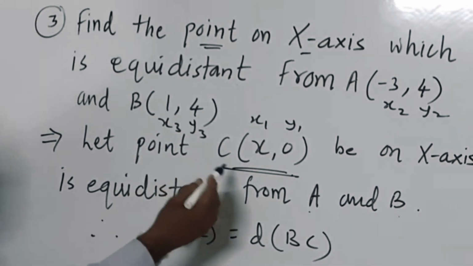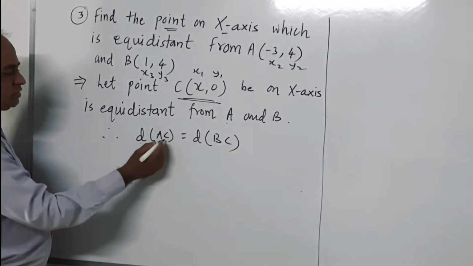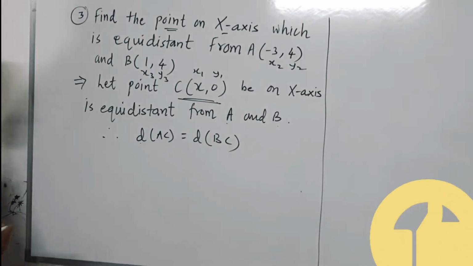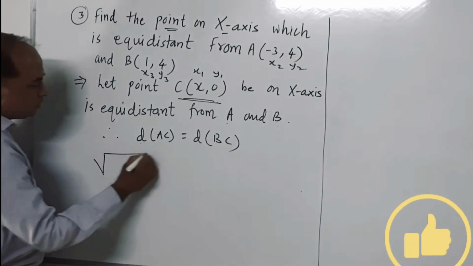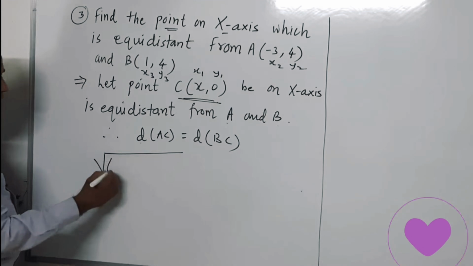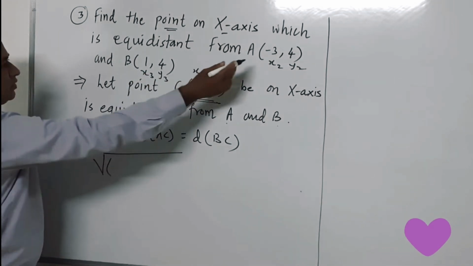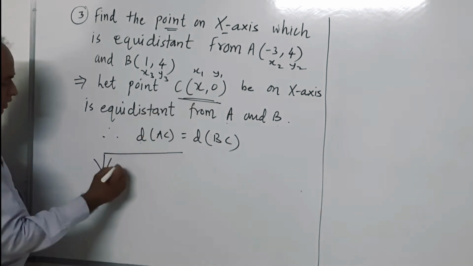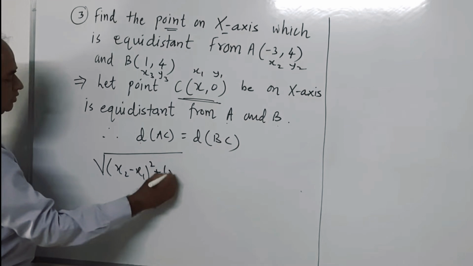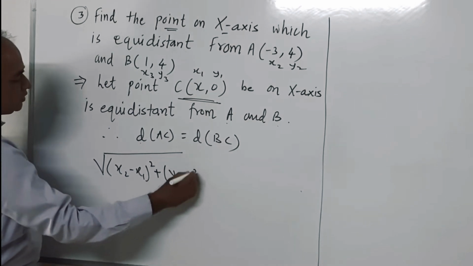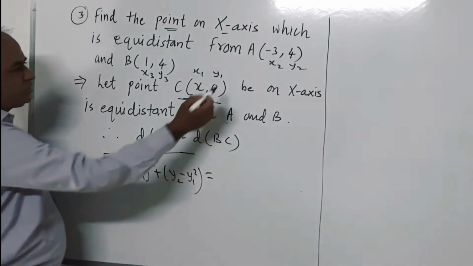Now point C is at equal distance from A and B. Therefore, distance AC is equal to distance BC. By the distance formula, distance AC will be square root of (x2 minus x1) square plus (y2 minus y1) square, which is equal to distance BC.